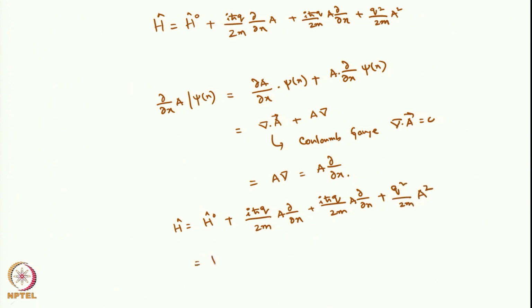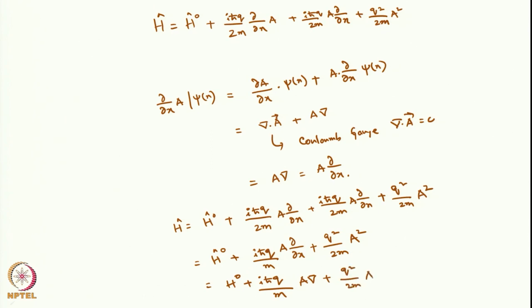So this is nothing but H naught plus, these two terms are equal, so 2 times, ih bar q by m A del plus q square by 2m A square.